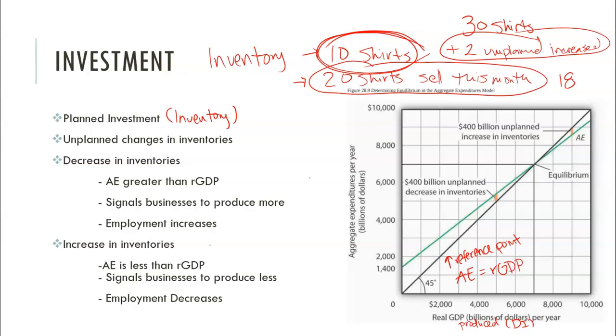And so anytime our green line, our aggregate expenditure line, crosses that 45-degree line, that's going to tell you the point on that curve where our economy is in equilibrium, where aggregate expenditure is equaling real GDP. So here, this is going to be at 7,000 on this graph. And we get $7,000 worth of stuff that's produced and $7,000 worth of stuff that's purchased.